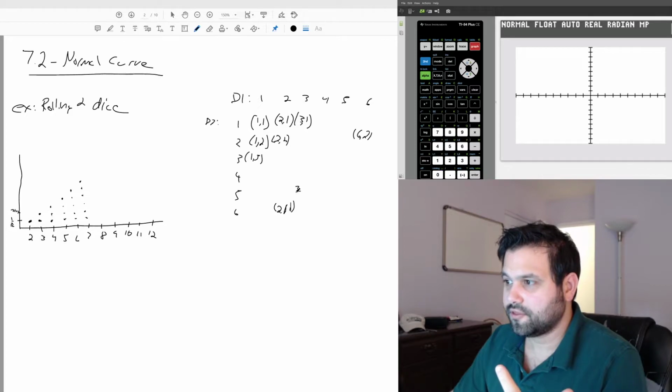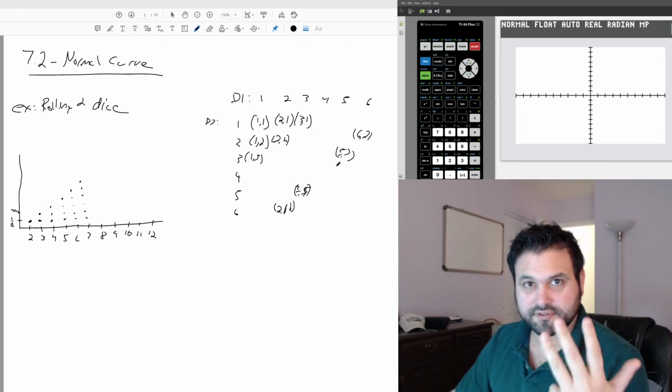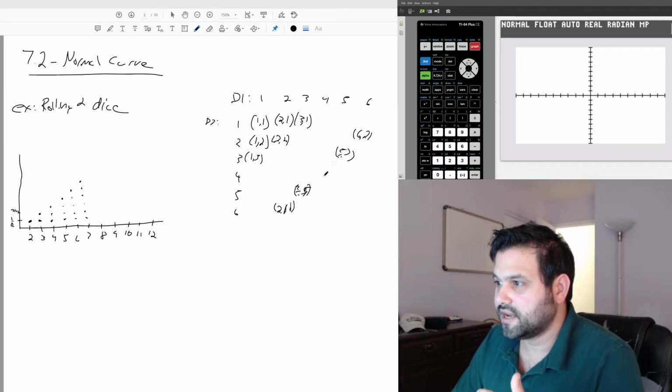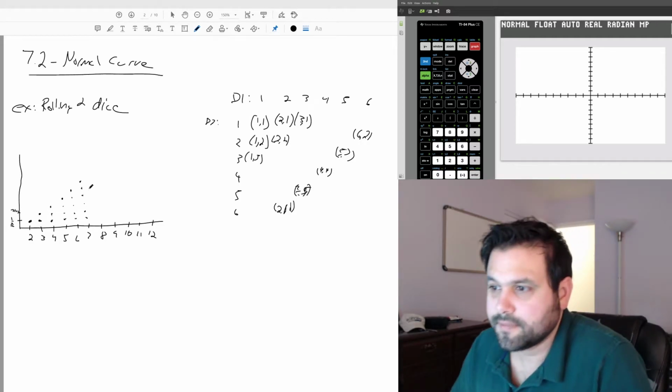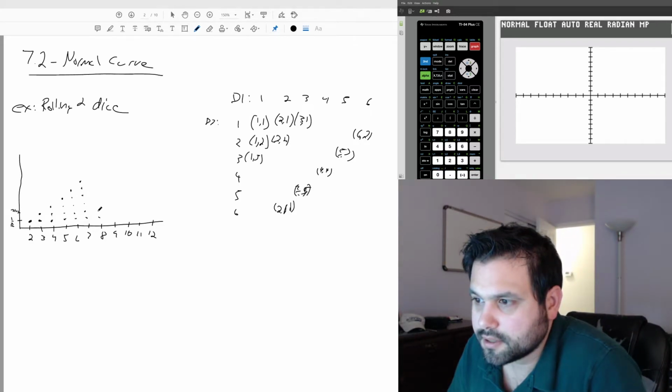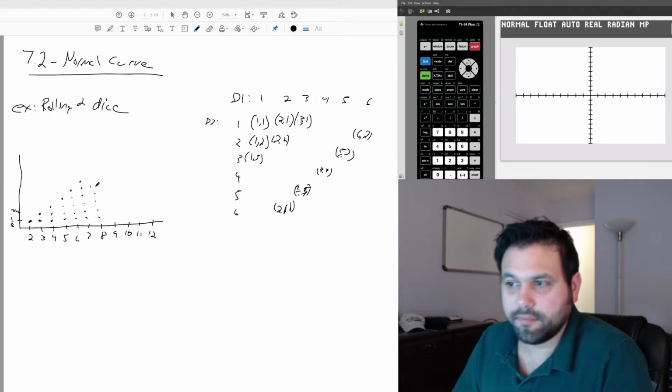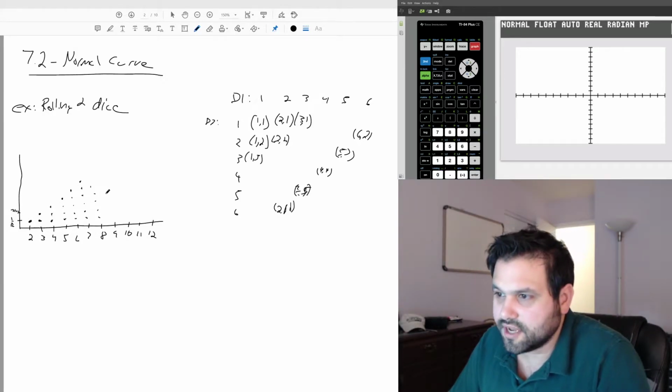Or I can do the 3, 5, 5, 3. There's 4. And then I can do a 4, 4. And so I end up with the 5 possibilities. So 1, 2, 3, 4, 5. And I've gone back down. And essentially that's what's going to happen here.